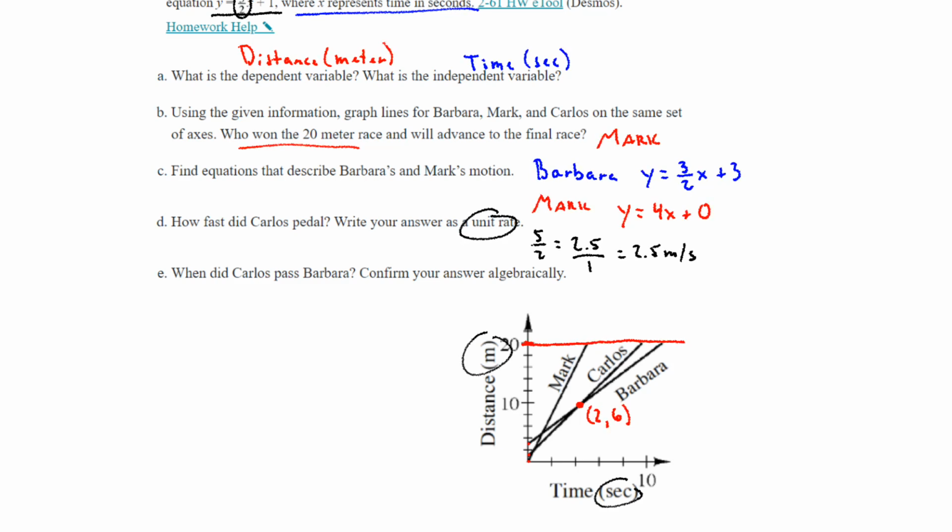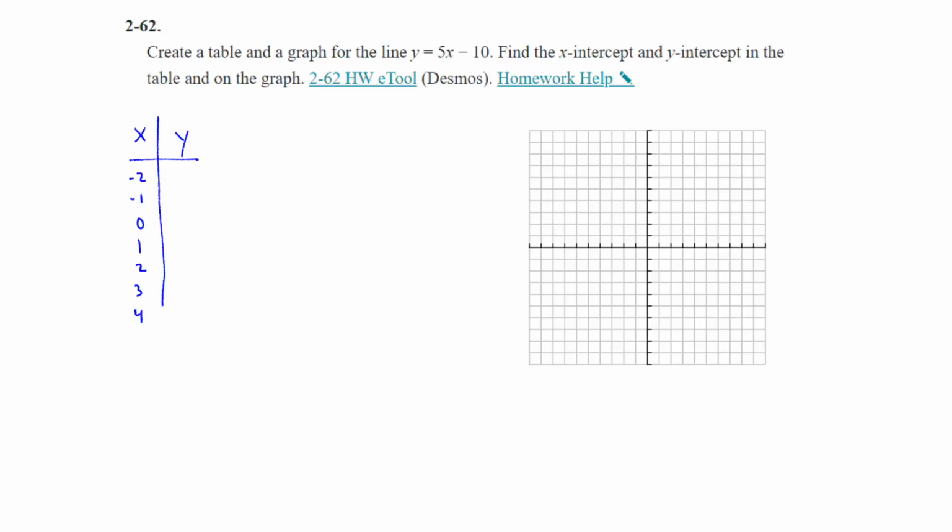So where they intersect is where that occurs. So when did Carlos pass Barbara? After 2 seconds and after 6 meters. So time and distance is what you're looking at. And so I said 2 seconds after the start of the race and 6 meters from the starting line.